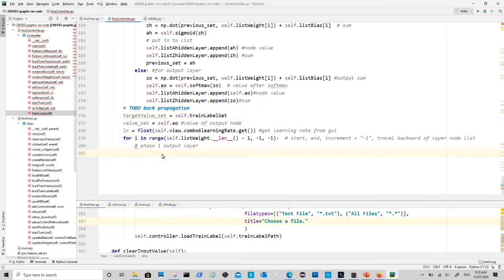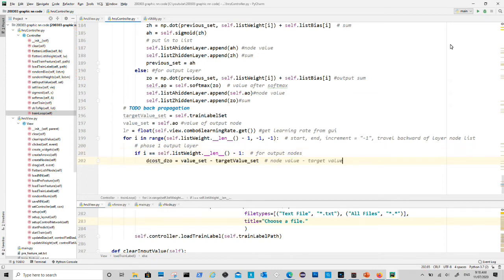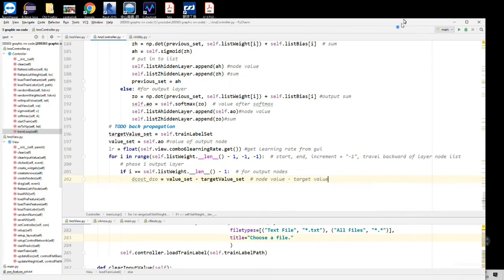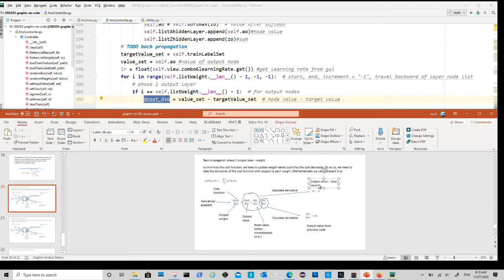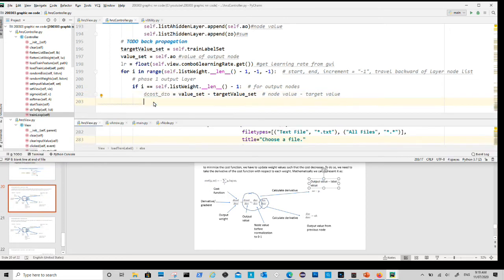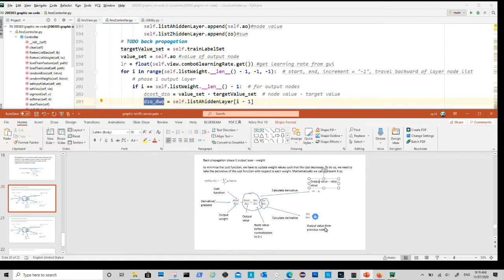Inside the loop, we first start from phase 1, which is the output layer. The d cost d0 represents the first two parts on the right of the equation, which equals current value minus target value. The third part on the right side of the equation equals the output from the previous layer, which we can get from the list we put in during feed forward.